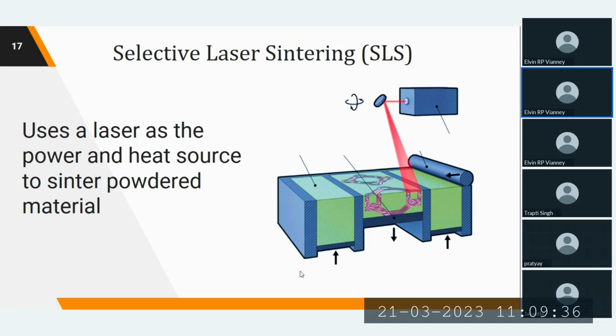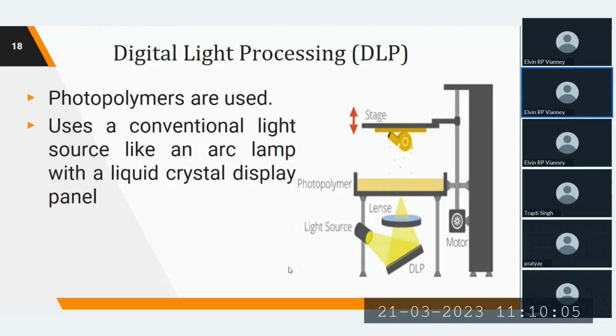This roller will roll over and spread our powder across the entire bed. And again our laser is passed over, and the process is repeated until our 3D object is completed. This is one of the easiest processes, and we will get an easy and accurate solution in this SLS. The next type is DLP, digital light processing.